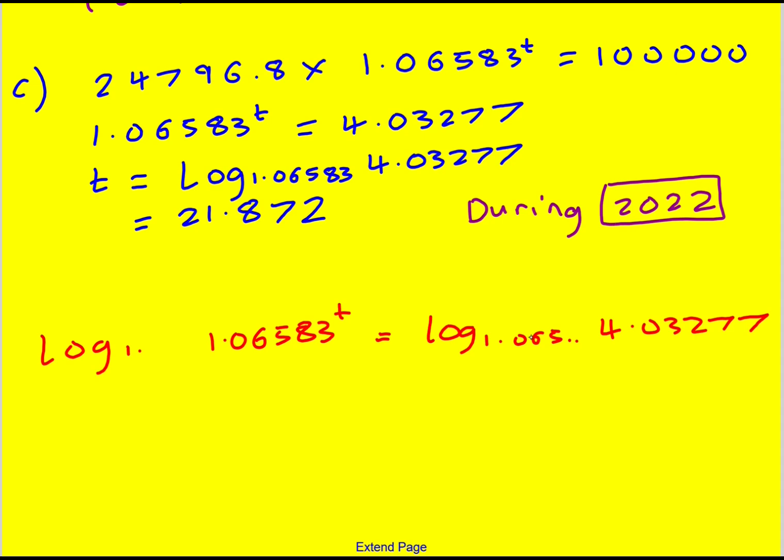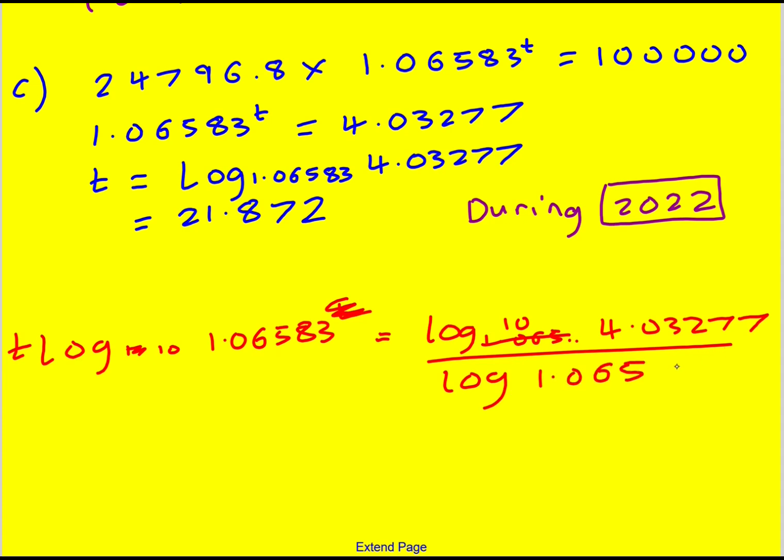The alternative is just to take log the base 10. So just a good standard one to go with. Bring the t down as before, and then you just have to divide by log of 1.06583, but this time to base 10. In fact, you don't need to write the 10, that's implied.